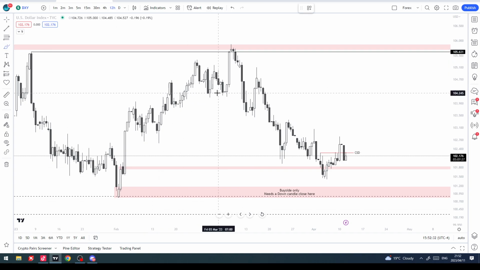So if we had to look at this example here, we had an accumulation, we had a failure swing, we had the OLR, right? In the OLR, we created FVGs here and here. Once we trade through the last up candle here, we've got OB validation. Once we close below this FVG, we've got market structure shift. This is a clean model, right?